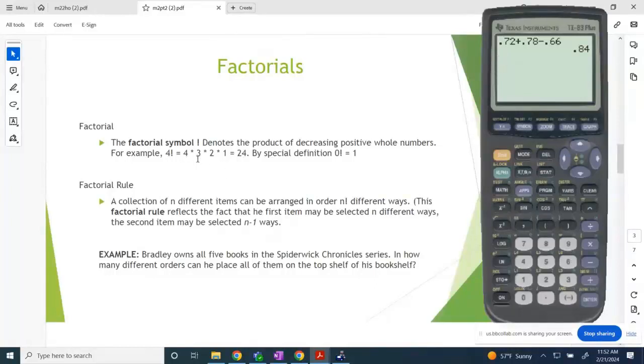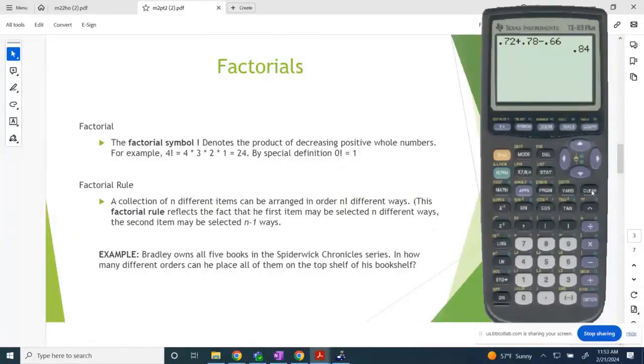And if you multiply those 4 numbers together, you should get 24. And by special definition, 0 factorial is 1. All right, but notice when you're calculating the factorial itself, you never use 0, but 0 factorial is 1.